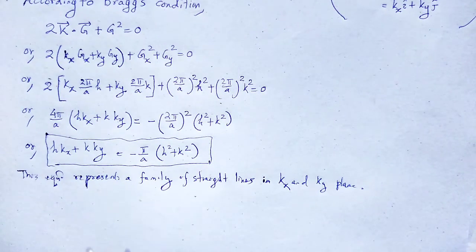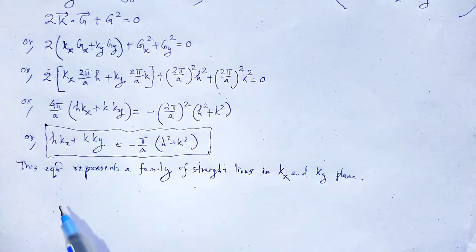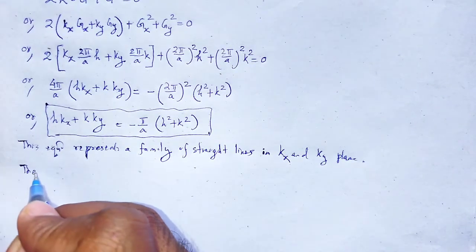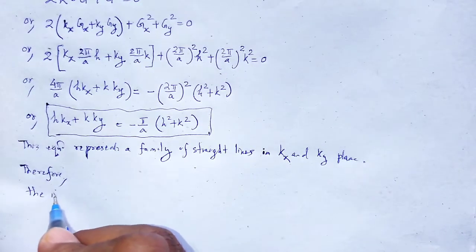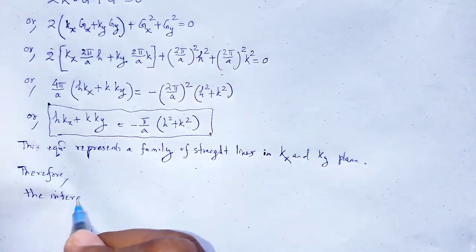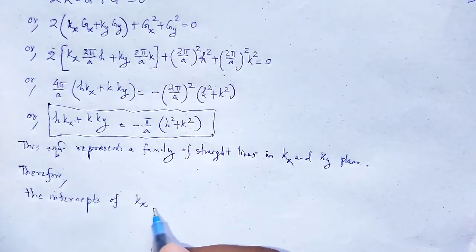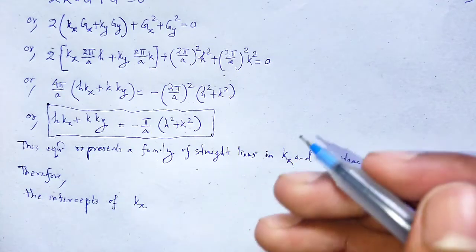Therefore, the intercepts of kx and ky are given as follows. The intercepts of kx also represent a family of straight lines, and ky also represents a family of straight lines.